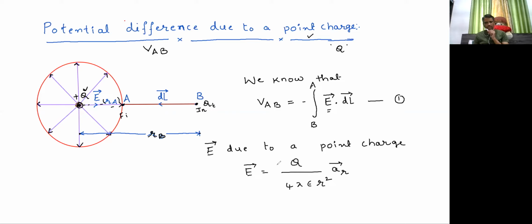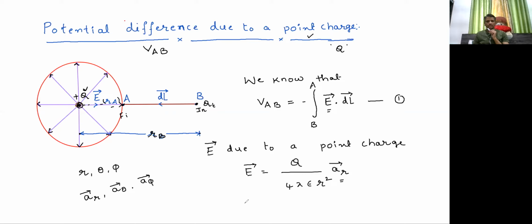Now, this is our expression for the electric field intensity in the spherical coordinate system, because here AR is the unit vector in the radial direction. For the spherical coordinate system, the coordinates are r, theta, and phi. The unit vector along the radial direction is AR, in the theta direction is A theta, which is the elevation angle, and the azimuthal angle is A phi vector. So this AR is the radial direction unit vector.